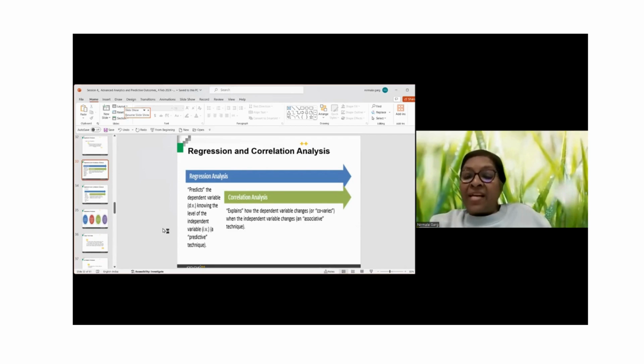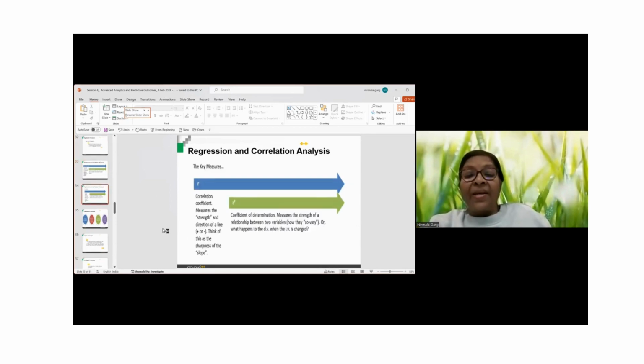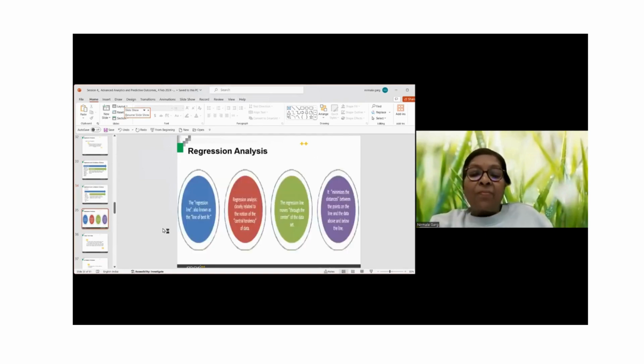Whereas correlation is an associative technique and it covariates. It is represented by correlation R, and the coefficient is R square. This is clear, right? The regression line is also known as the line of best fit.